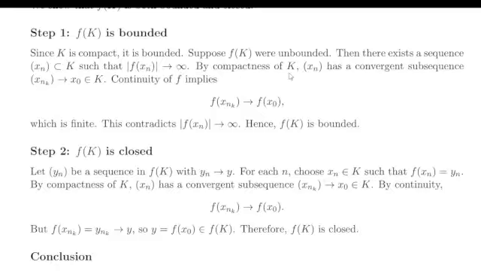By compactness of K, x sub n has a convergent subsequence x sub n sub k converging to x0 in K. So continuity of f implies that f of x sub n sub k converges to f of x0, which is finite. And this contradicts the fact that the absolute value of f of x sub n approaches infinity. Hence, f of K has to be bounded.